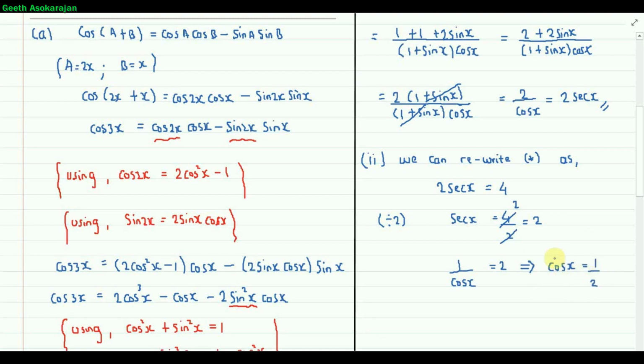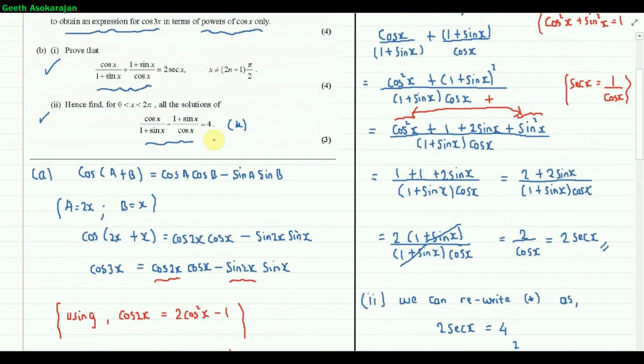Now let's solve this trigonometric equation, and let's find the angles x between 2 pi and 0. First things first, what I tend to do is I tend to work in degrees first. So bearing in mind that pi radians is 180 degrees, that would make 2 pi here 360 degrees.